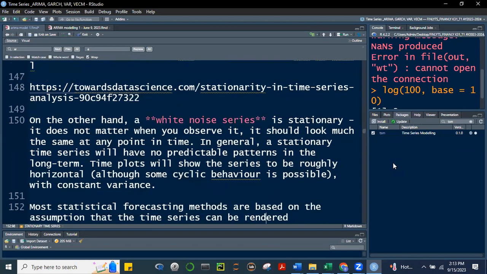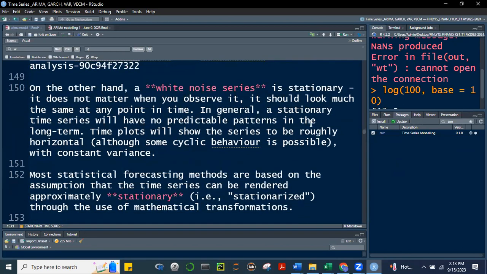You need to also understand what we call white noise. A white noise series is a stationary series. In general, a stationary time series, as I said, will have no predictable patterns in the long term. Time plots will show the series to be roughly horizontal, although some cyclical behavior is possible.